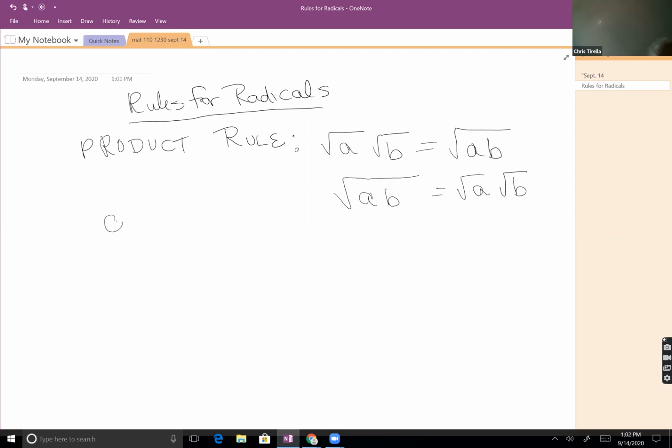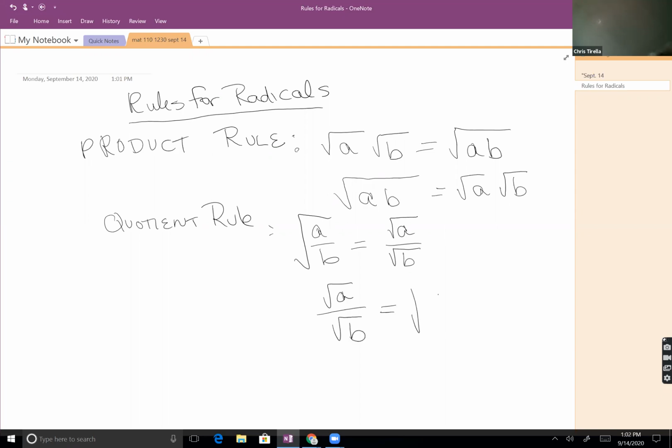Likewise, we're going to have a quotient rule. That says the square root of A divided by B is equal to the square root of A divided by the square root of B. Or sometimes if I have the square root of A divided by the square root of B, I'm going to think of that as the square root of A over B. Again, those are two-way streets.